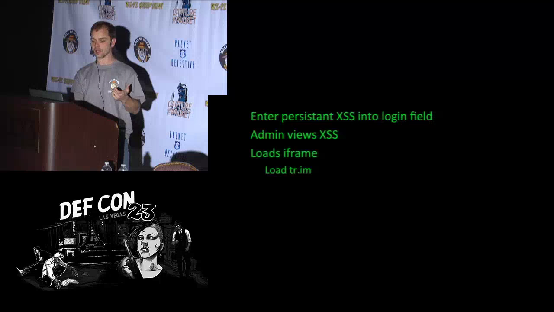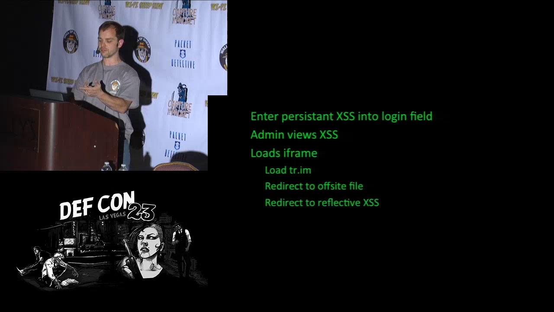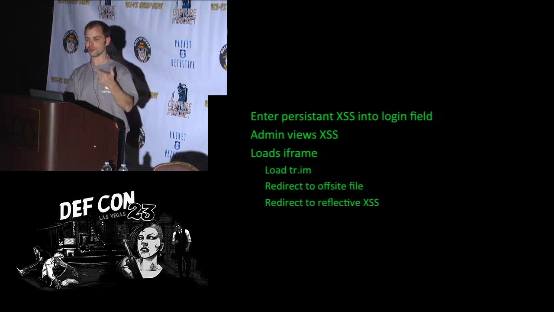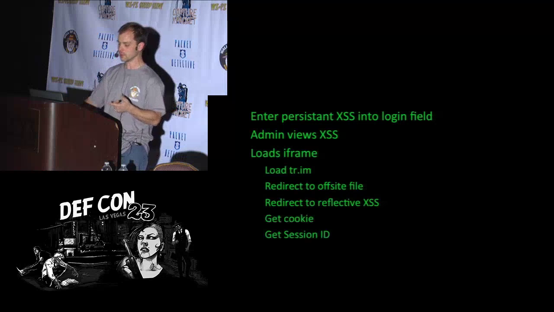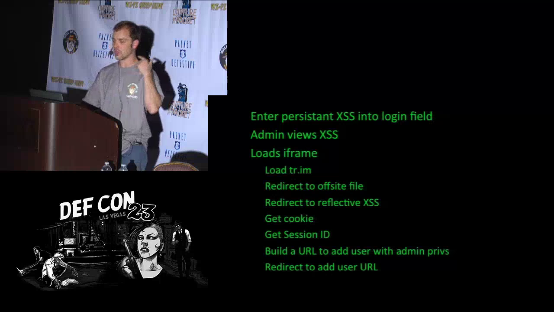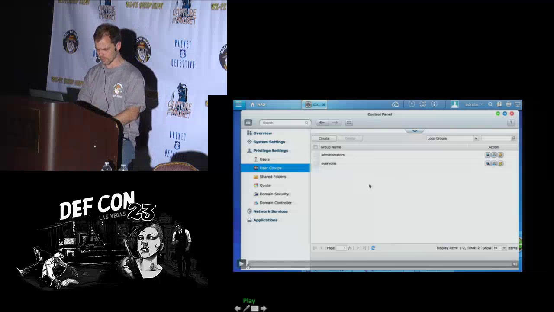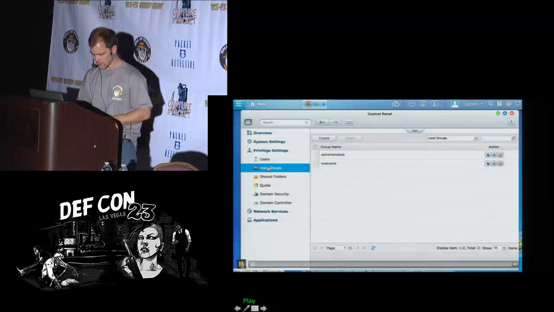That's going to load an iframe, which will then load the URL shortener, which points to my offsite file, which will redirect to the reflective cross-site scripting, which will get the cookie, parse out the session ID, build that URL to add a user with admin privileges, redirect and get the user to add that URL, and maybe we get root.